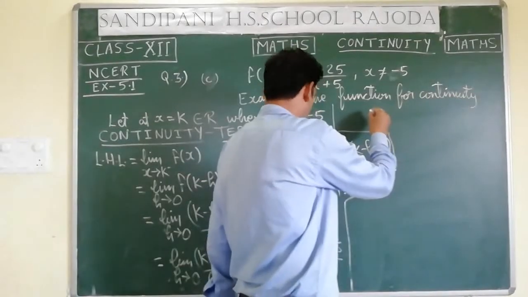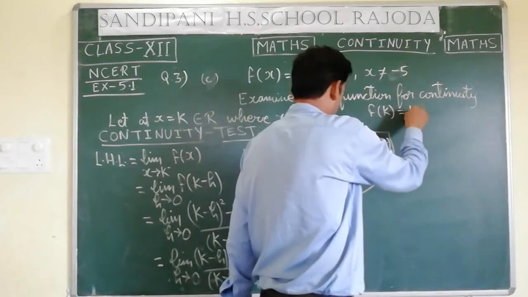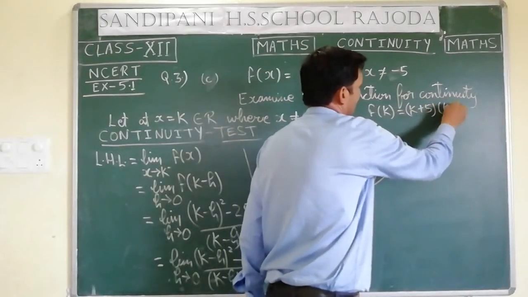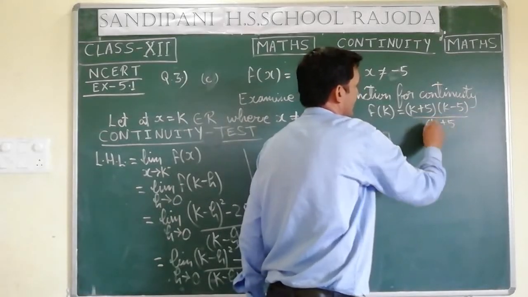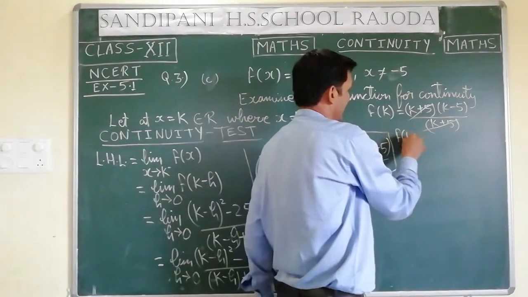So f of k is equal to k plus 5 times k minus 5 upon k plus 5. So this k plus 5 is cancelled here. The remaining part is k minus 5.